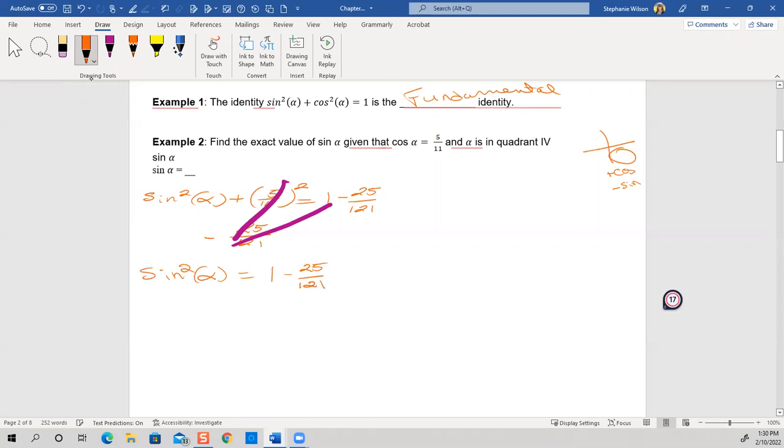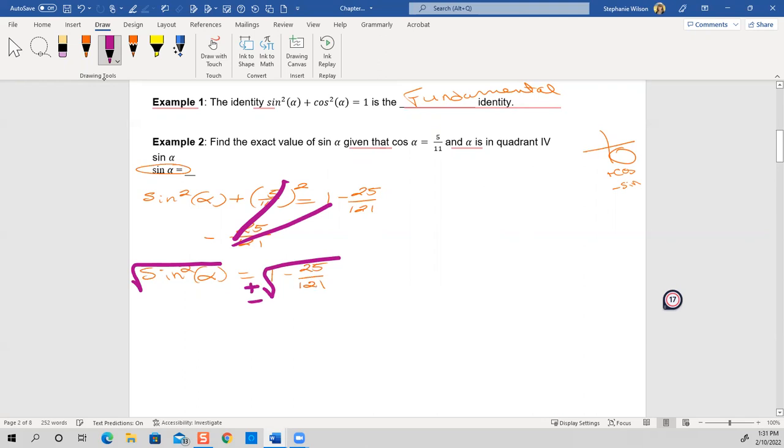However, we want sine of alpha, not sine squared. To undo that square, I must take the square root of both sides. In algebra, we go over this about the roots. Whenever we take the even root of this side, we have a plus or minus value.